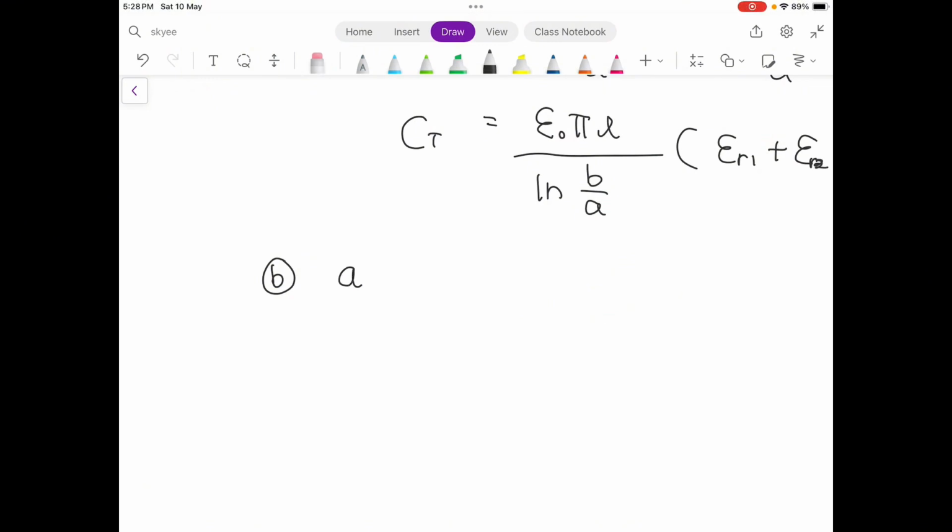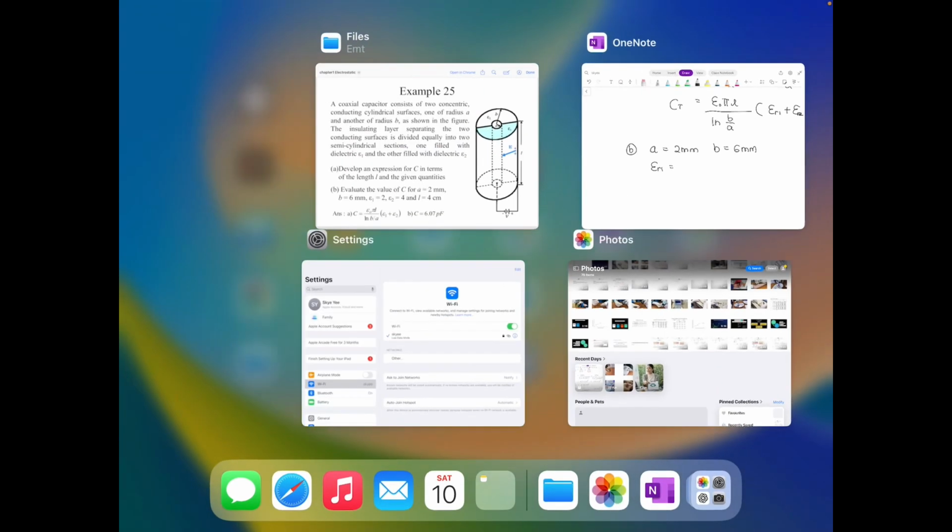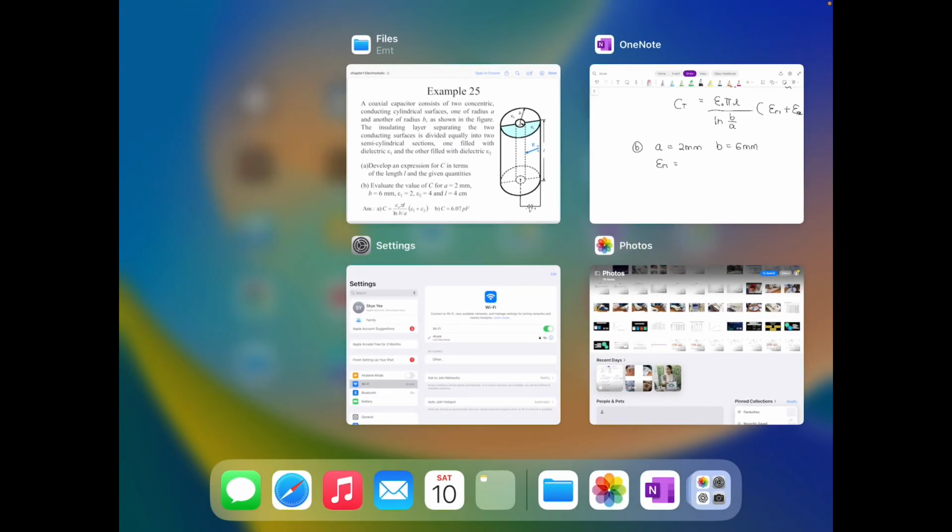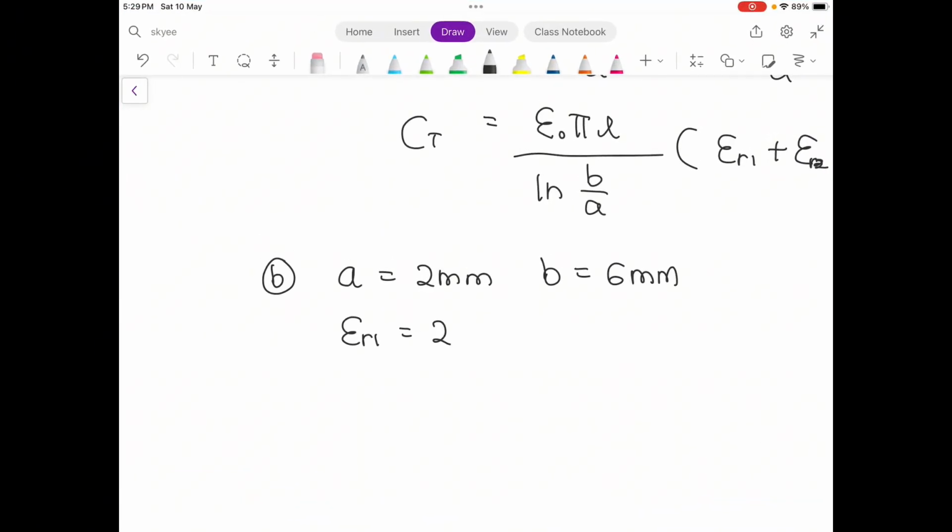A is 2 millimeter, B is 6 millimeter, epsilon R1 is 2, epsilon R2 is 4, and the length is 4 millimeter.